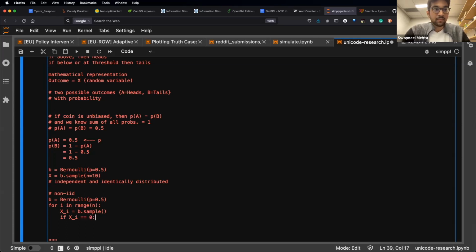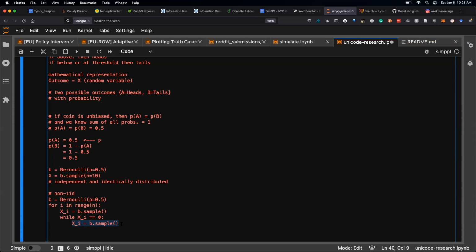It's the same thing. If xi is 0, then I want to ignore it. So while xi is 0, I draw the sample again, and until I get a 1, I keep redrawing that sample. Is that what you're saying, Deep? Yeah, sort of.